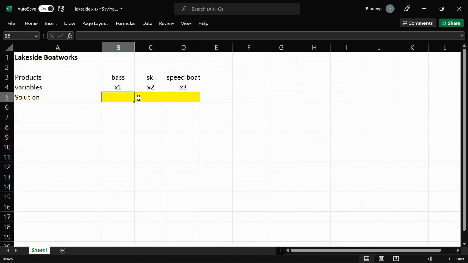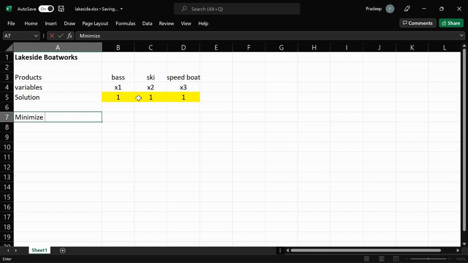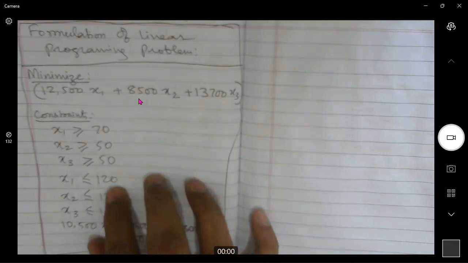Right now I'll start with one, so one of each product I'm manufacturing. Now, minimize variable cost. What are the coefficients of the variable cost? Again look at the problem statement.